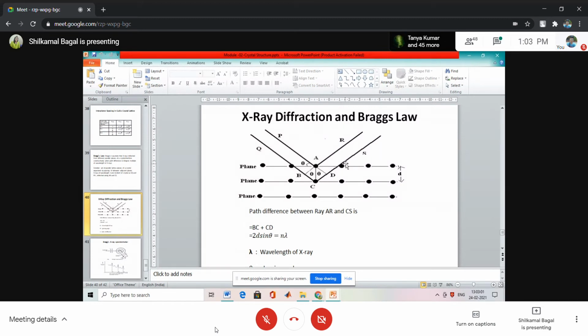This means the second ray follows more path than the first one, and that extra path is BC plus CD. You can understand that, it is so easy. So BC plus CD is nothing but the path difference between these two reflected rays from successive planes of a crystal set. This is a very important sentence.